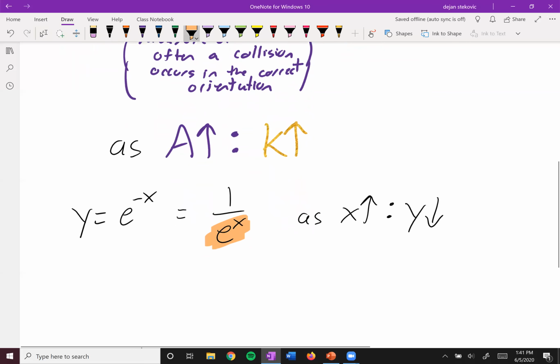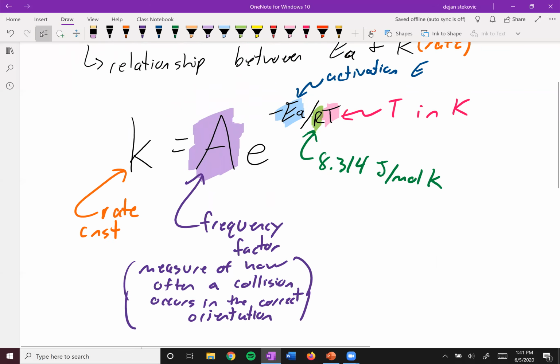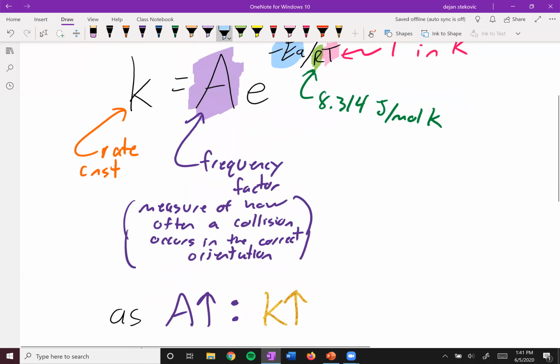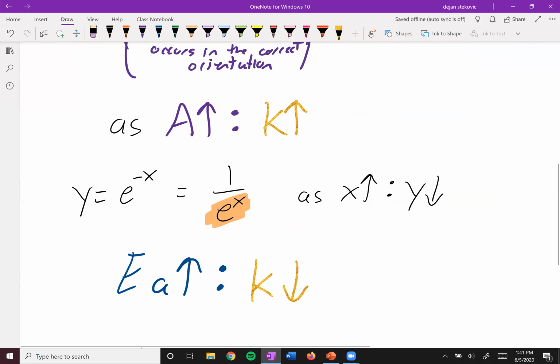And so as EA gets bigger and bigger and bigger, K is going to actually get smaller and smaller and smaller. And that makes sense. As the activation energy gets bigger, our reaction is going to go slower and slower because that barrier to reaction is now getting bigger and bigger.